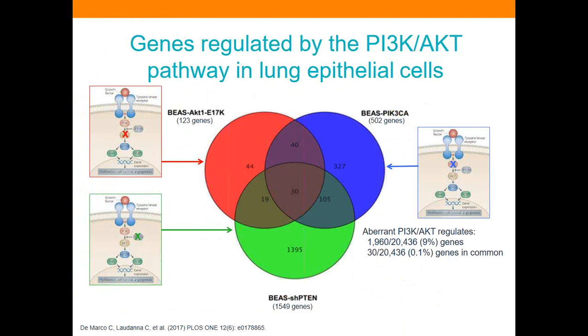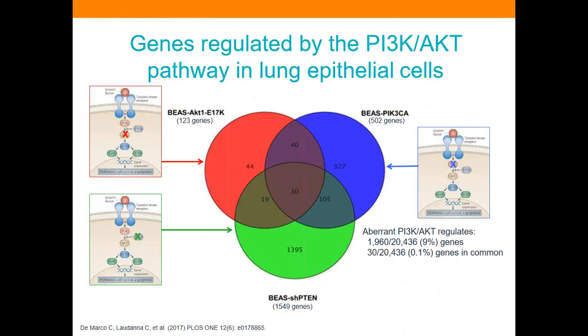What's very interesting is that when you look at the cells in which you have a mutant PI3 kinase, 327 of the 502 genes, so in other words, 60% of the genes that are affected by the mutated PI3 kinase, are not affected by an AKT mutation or by loss of PTEN.